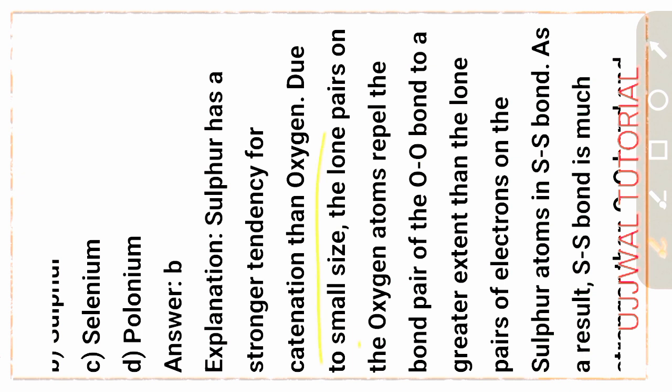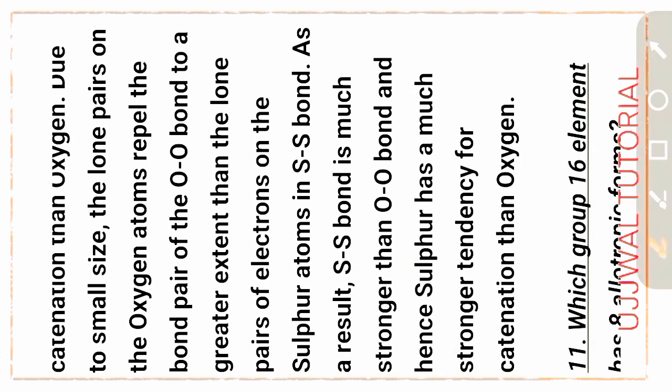Due to the small size, the lone pairs on the oxygen atoms repel the bond pair of the O-O bond to a greater extent than the lone pairs of electrons on the sulfur atoms in the S-S bond. As a result, the sulfur-sulfur bond is much stronger than the oxygen-oxygen bond, and hence sulfur has a much stronger tendency for catenation than oxygen.